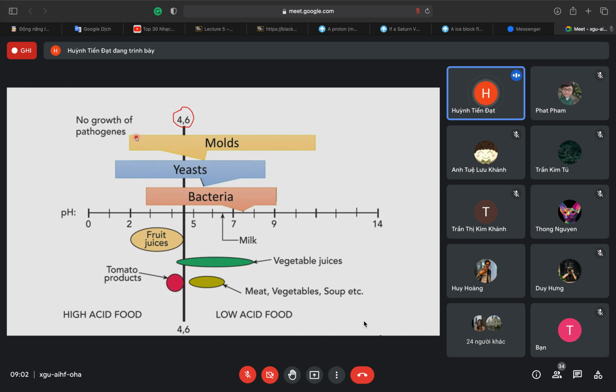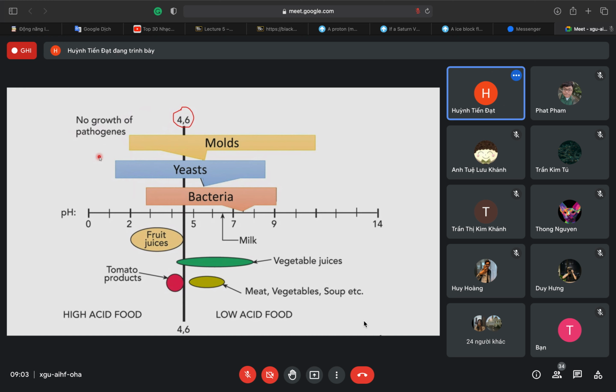If people know this concept, I believe no food poisoning occurs, because we care about pathogens. That is the reason why a lot of food products use acid to acidify the food.